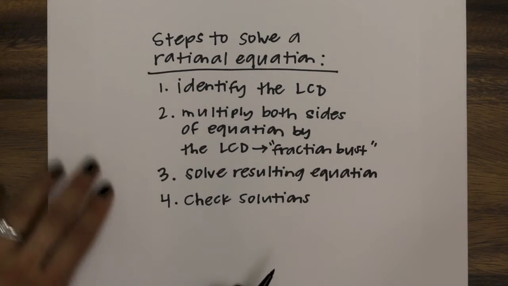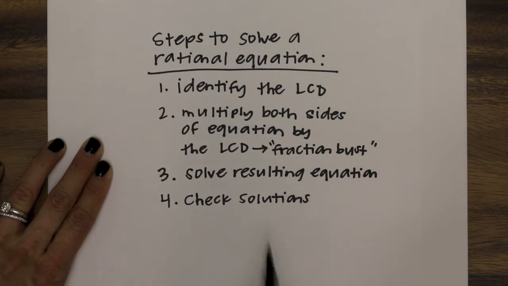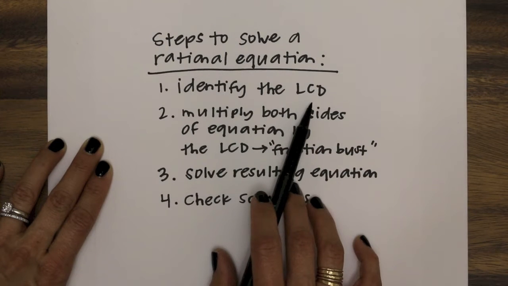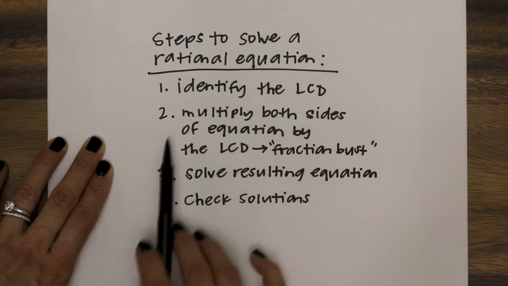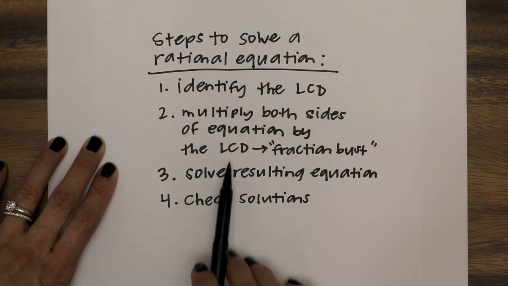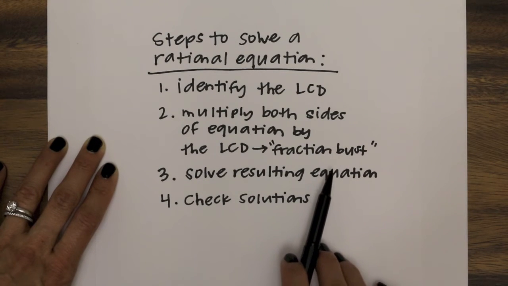Before we continue on with the rest of the examples, we're going to look at steps to solve a rational equation. Step 1, you're going to identify the LCD, the least common denominator of all the rational expressions in the equation. Number 2, when you identify the LCD, you're going to multiply both sides of the equation by the LCD, and when you do so, I kind of like to think of it as fraction busting.